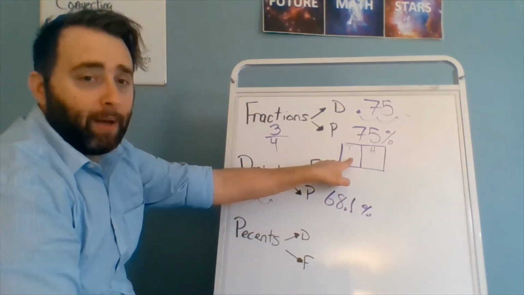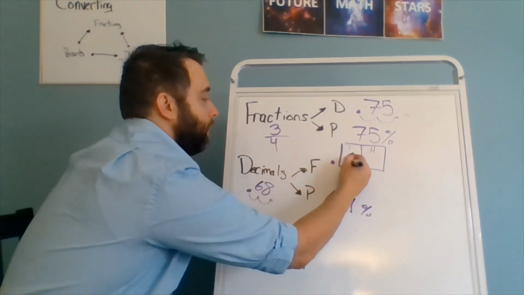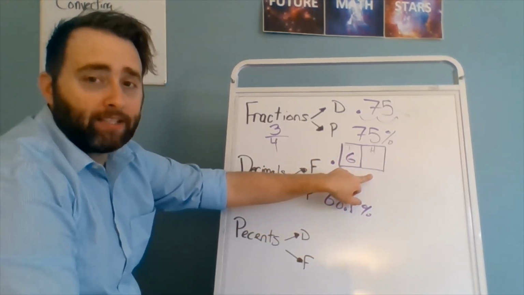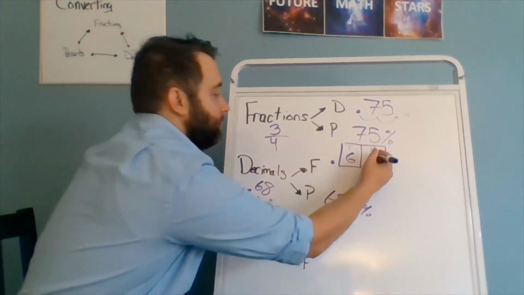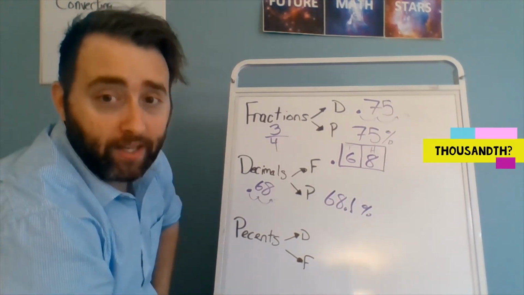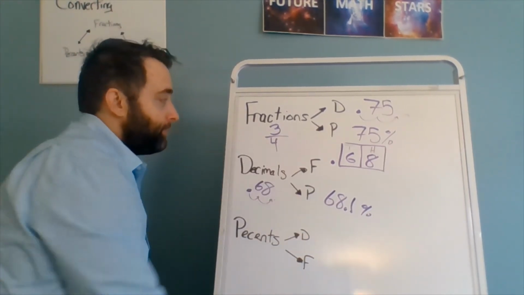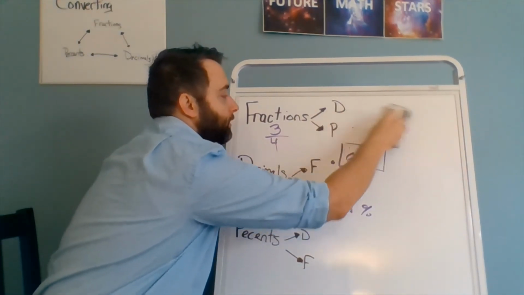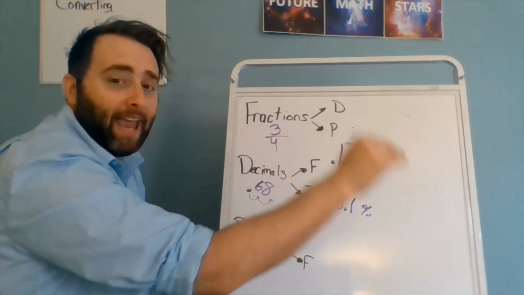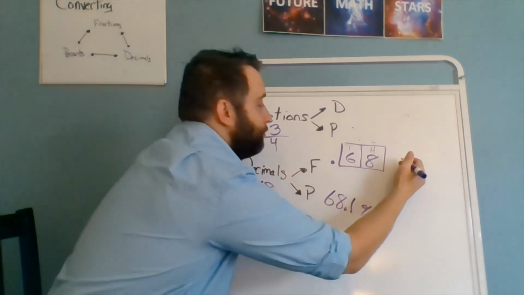This is the 10th spot, the first spot after the decimal. This is the second spot after the decimal, the 100th spot. There was nothing after it, so it doesn't go into the 1000th spot. Being that 0.68 stops at the 100th spot, you put it over 100.